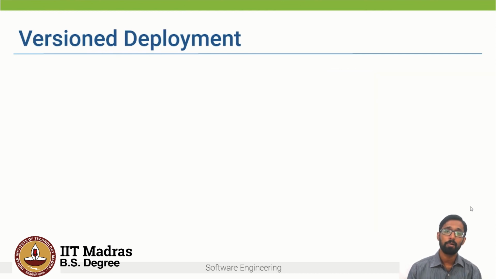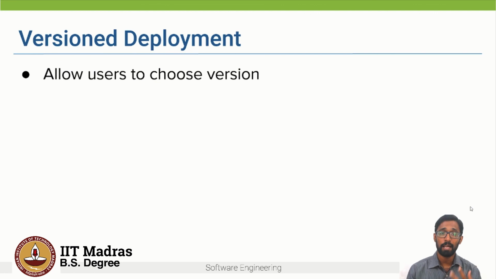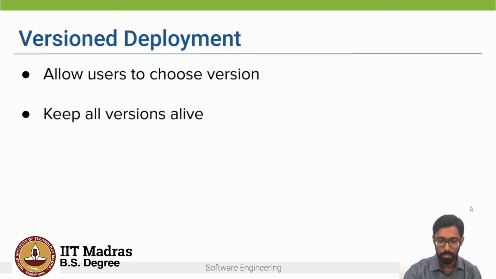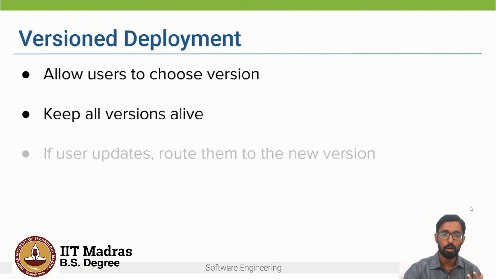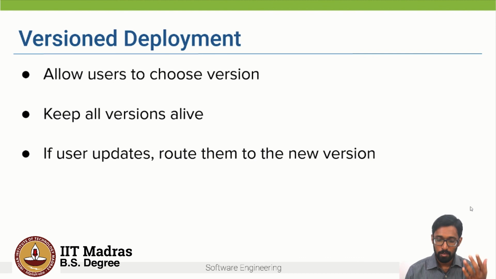Another type of deployment strategy is the version deployment strategy. Here we allow users to choose which version to use. We keep all versions alive and let users choose which version they want. This is commonly used in mobile applications.